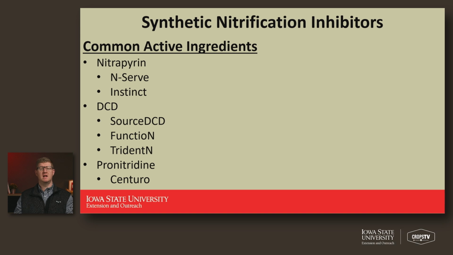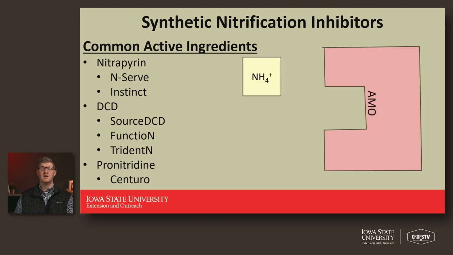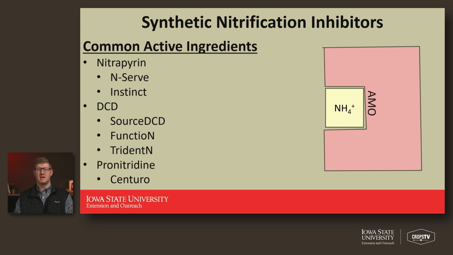And amongst these active ingredients, there are essentially two modes of action in terms of how they inhibit nitrification. So, the way that we would typically think about nitrification occurring is the ammonium would bind to a receptor site on a microbe. So, the pink area there is my representation of a microbe in the soil.